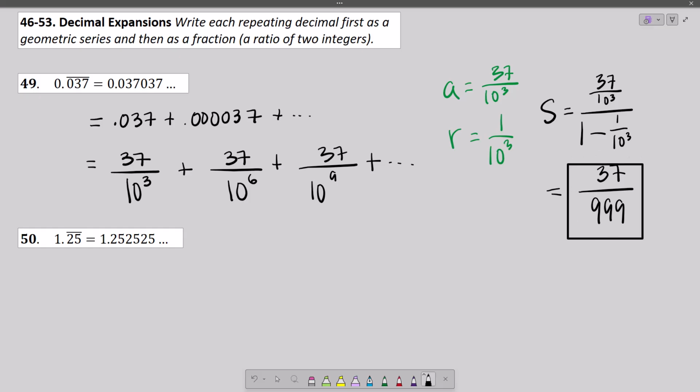So there is the calculus way to write that rational number as a ratio of integers.